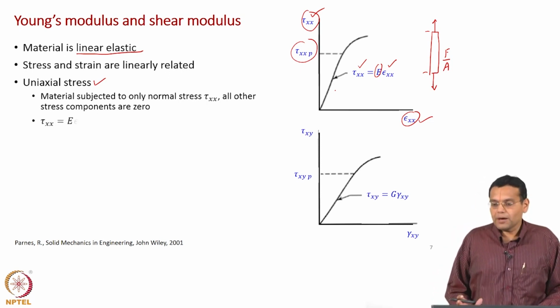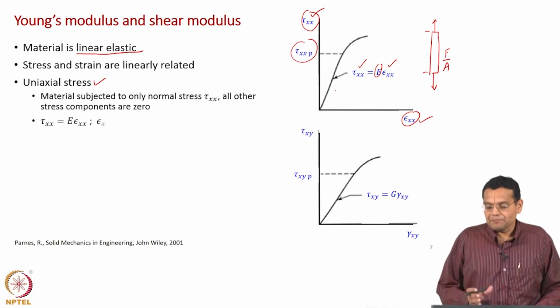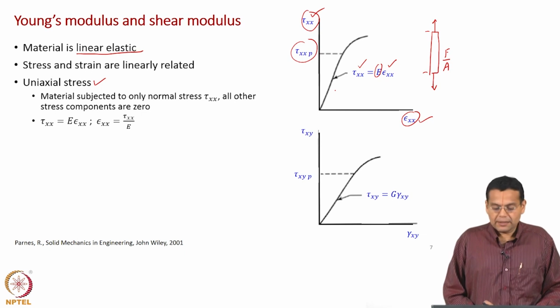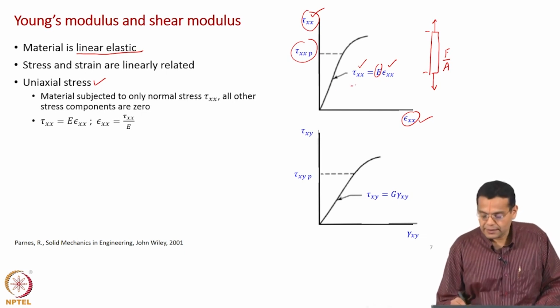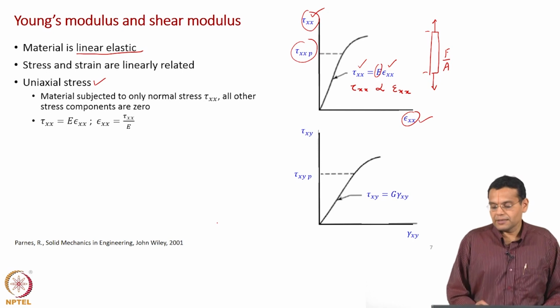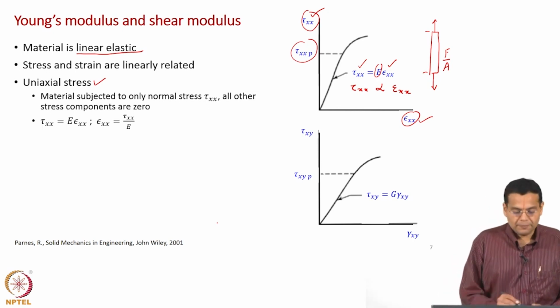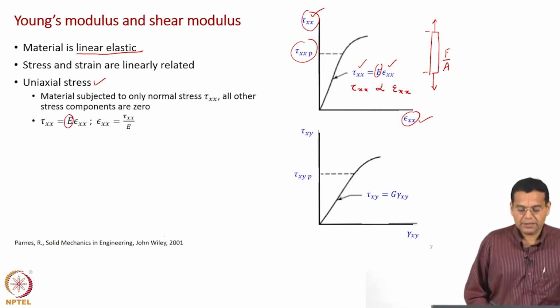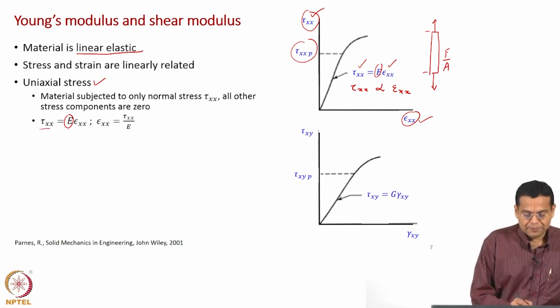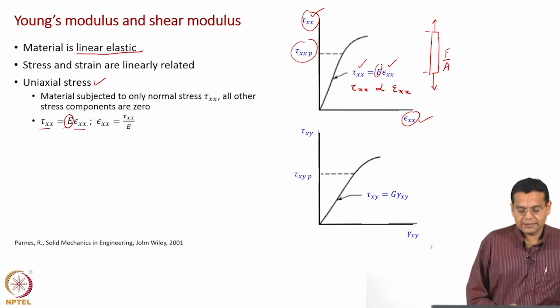Now when you plot, as we have discussed, we will restrict only to the linear portion of the curve, where tau xx is proportional to epsilon xx, and the proportionality factor, or the slope of this curve, is E, which is the Young's modulus. So tau xx is equal to E into epsilon xx.